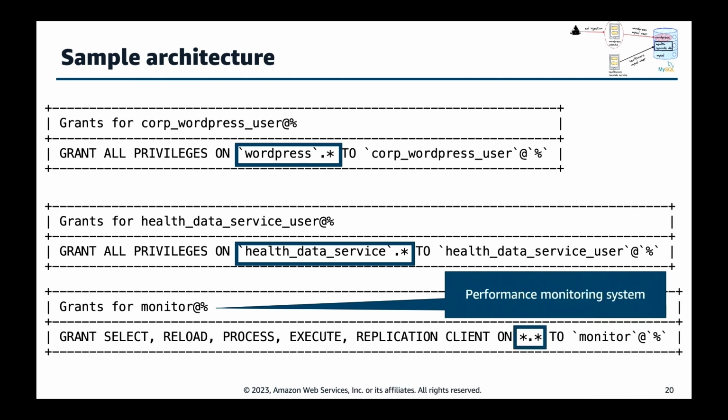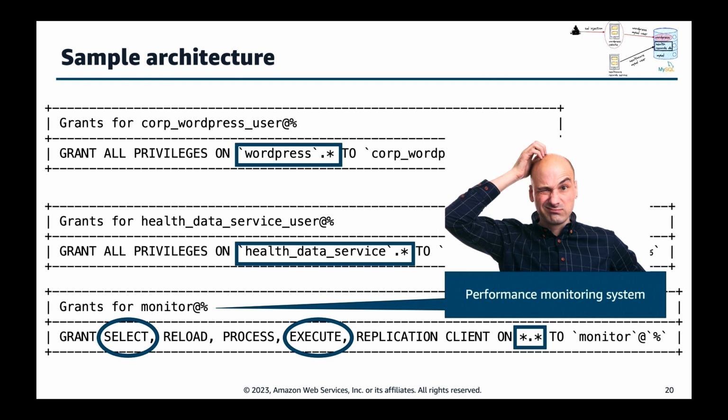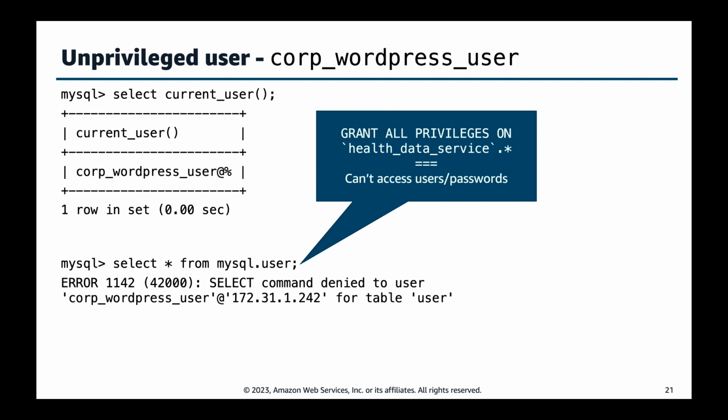And this performance monitoring system requires you to create a user which has a global SELECT. And they also decided to add EXECUTE here. So the question is, can we confuse the performance monitoring system into privilege escalation?